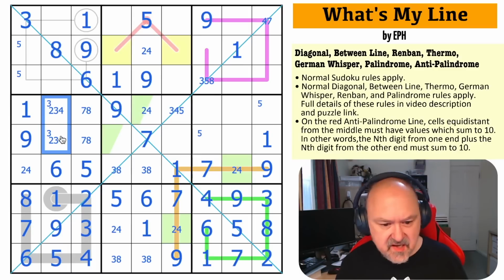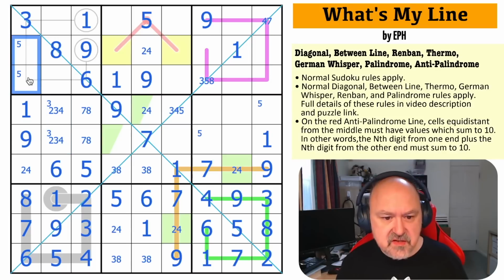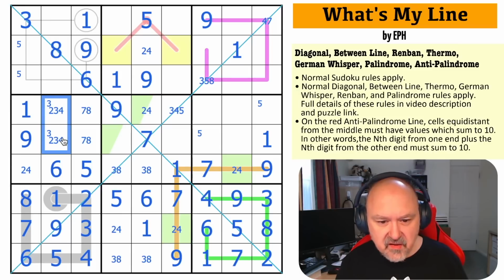Three must be in here. So this is a 3-5 pair, because I can't put 3 there because it's a 3-8 pair or because of the 3 up here. So 3 is in here. Where was I going with that? I was going somewhere with that. I've completely lost track of where I was going with that.